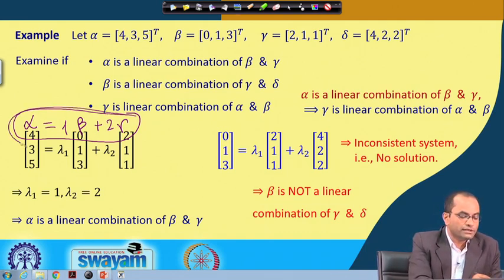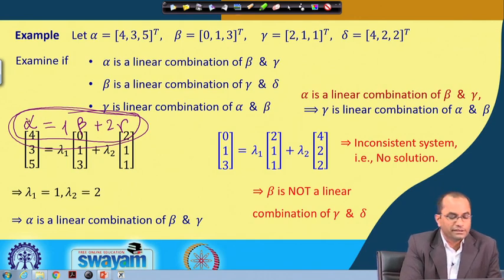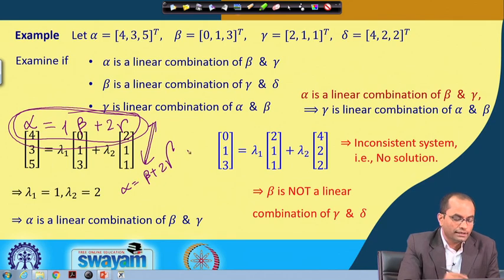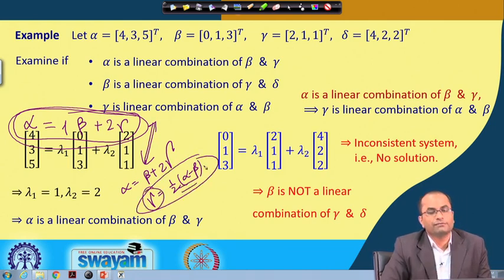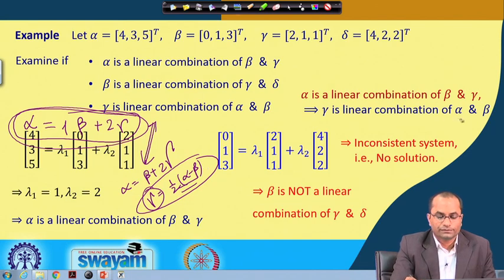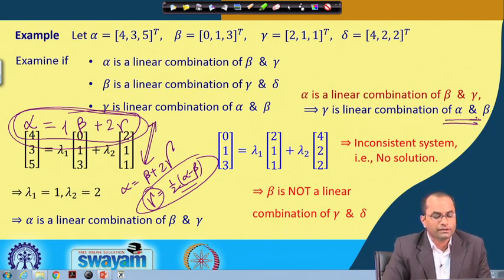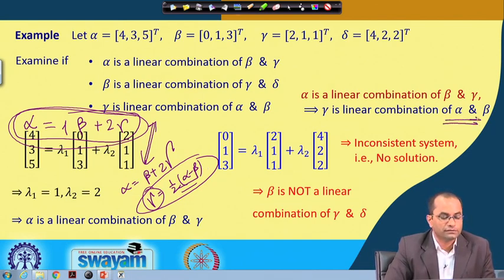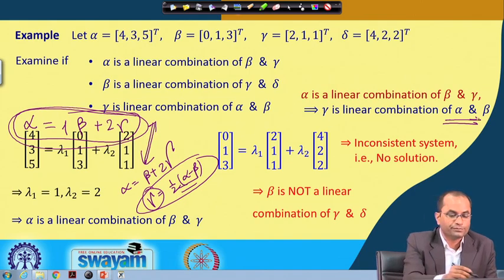So, naturally, gamma is a linear combination of alpha and beta, and we do not have to prove anything, because in the first part we have already shown that alpha is equal to beta plus 2 gamma, and then naturally gamma is equal to 1/2 of alpha minus beta. So, gamma is a linear combination of alpha and beta, which is trivial from part 1 of this problem.